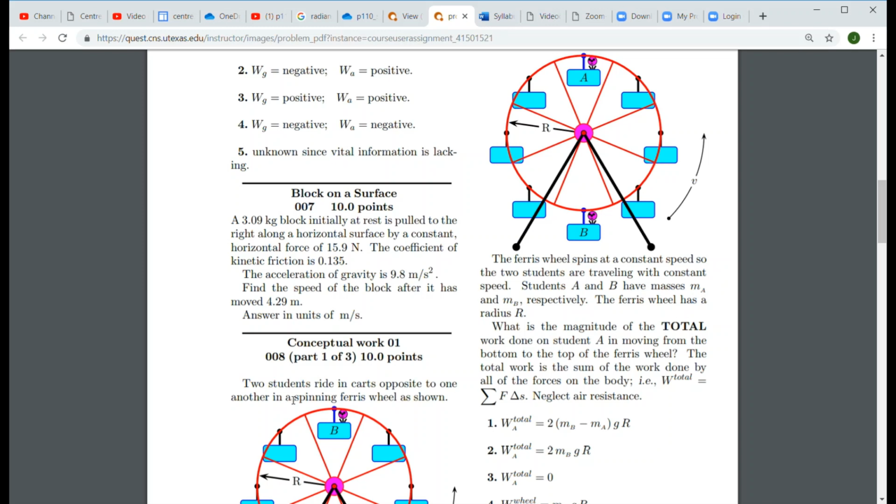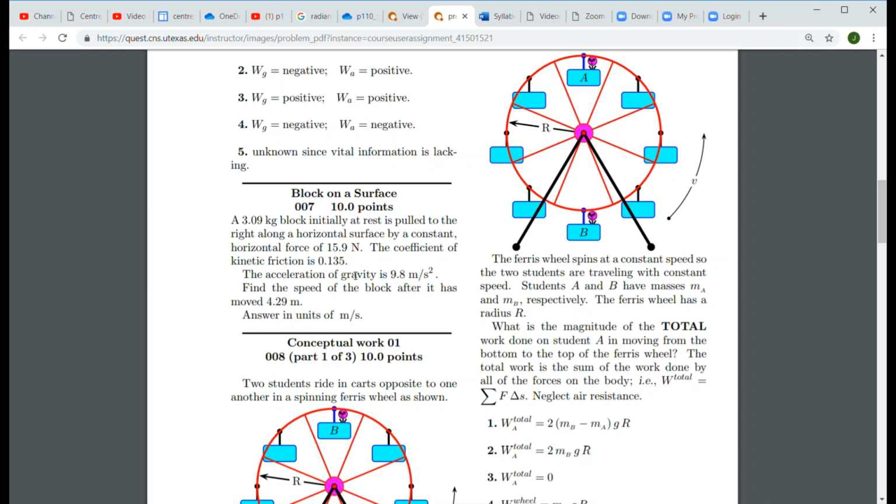And in this case, the pulling force, 15.9 newtons, is going to do positive work on it, so it would do a work of 15.9 newtons times 4.29 meters, whereas the friction force is going to do negative work, so I have to add on to that positive work some negative work, minus mu kinetic, 0.135, times the normal force, which in this case would just be mg, because nothing else is pushing up or down on the block.